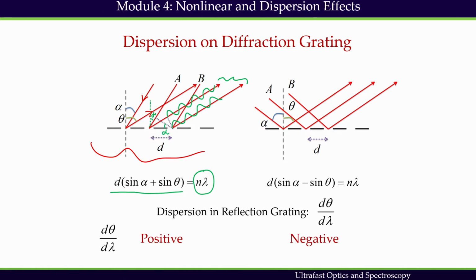Similarly, if this angle is theta, then this angle is going to be 90 minus theta, and because it is 90 minus theta, this angle is going to be theta.